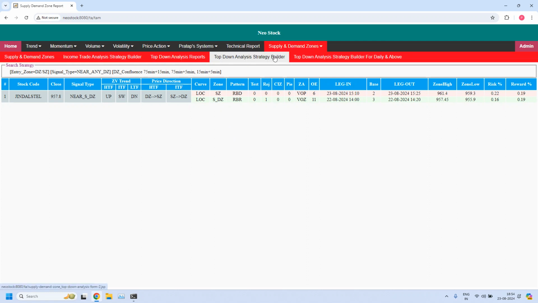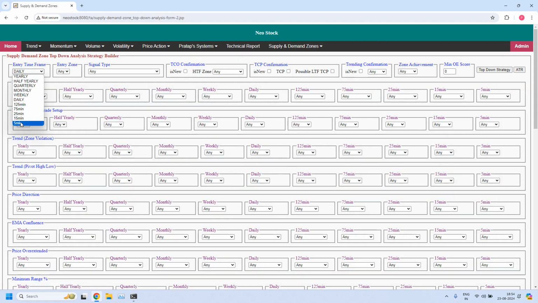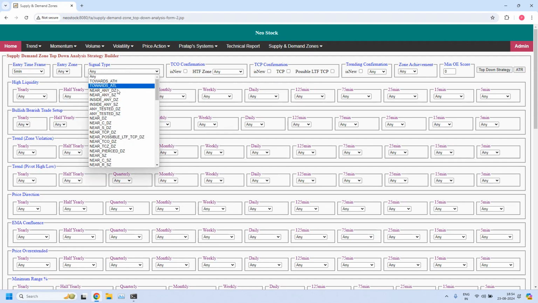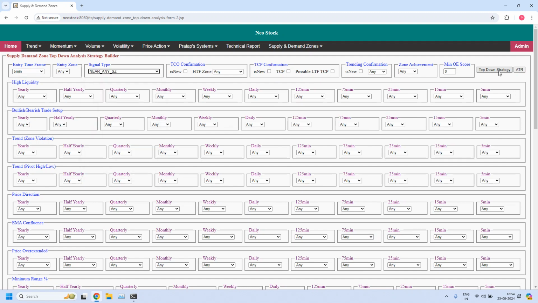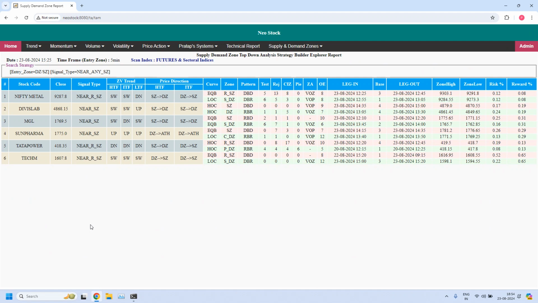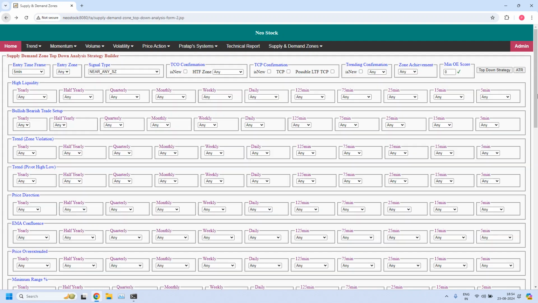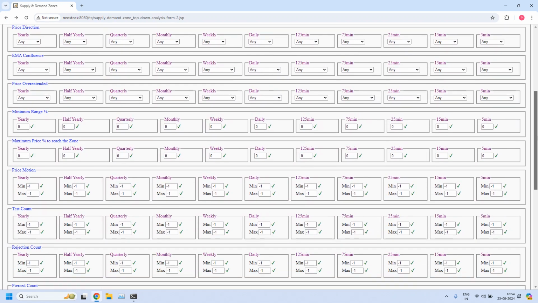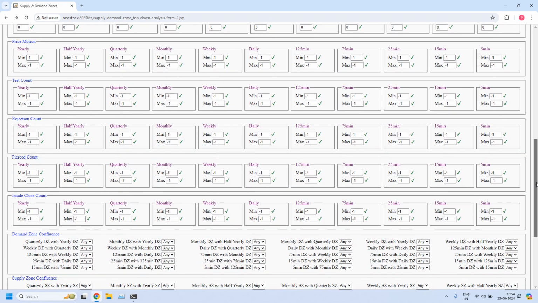And in the next report, the entry time frame is 5 minutes. Let's find the stocks near 5 minute supply zone. 6 stocks are filtered near to the 5 minute supply zone. Now let us verify how many of these stocks are having confluence with ITF time frame, the supply zone confluence, 5 minute supply zone and 15 minute supply zone confluence.